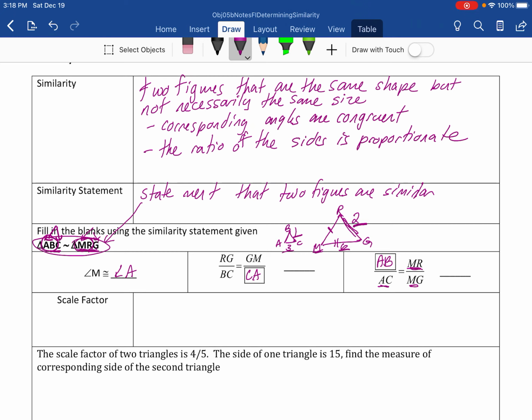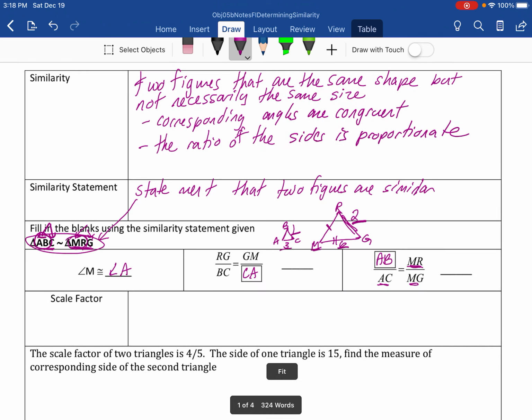Next thing is scale factor. Scale factor is the ratio of the sides. It's what you use to multiply one figure to get to the other.